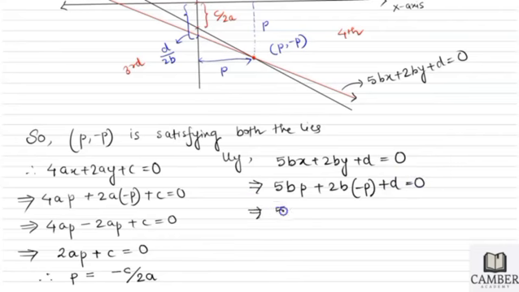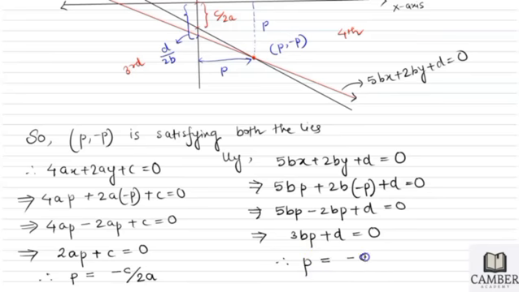So that implies 5bp minus 2bp plus d is equal to 0. So 5bp minus 2bp is 3bp plus d is equal to 0, right? So from here also we can find the value of p. Therefore p is equal to minus d by 3b, right? So let us make this our equation 1 and this equation 2.